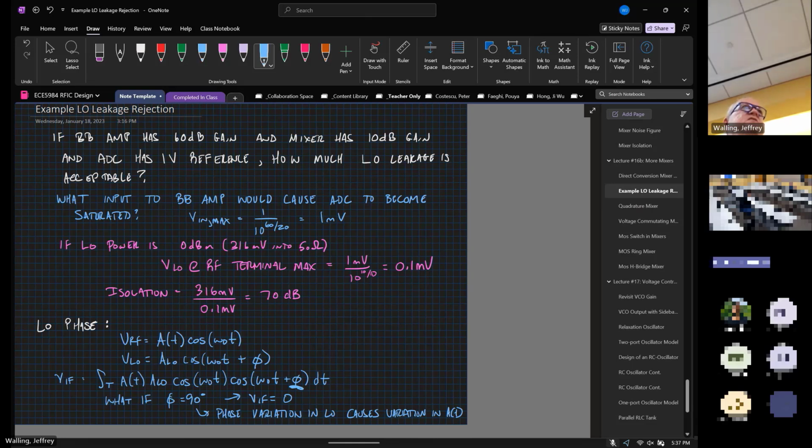So the phase variation in the LO itself can cause variation in the amplitude with respect to time. Now that's particularly bad because we don't normally have any way to establish the absolute phase of an oscillator. We can lock the phase relative to a reference, and we can keep the phase relatively constant, but we don't have any way to know exactly what the absolute phase is.